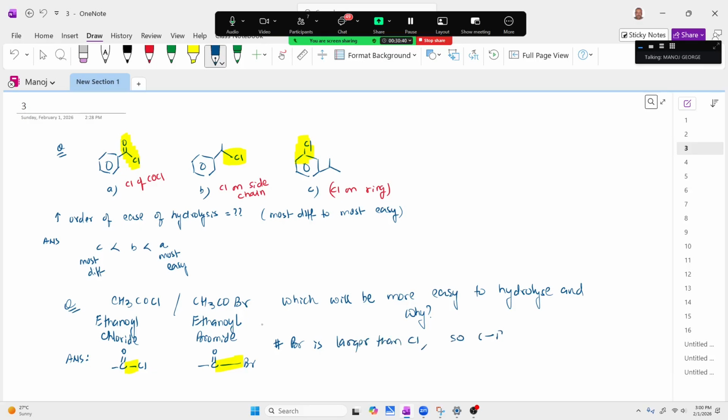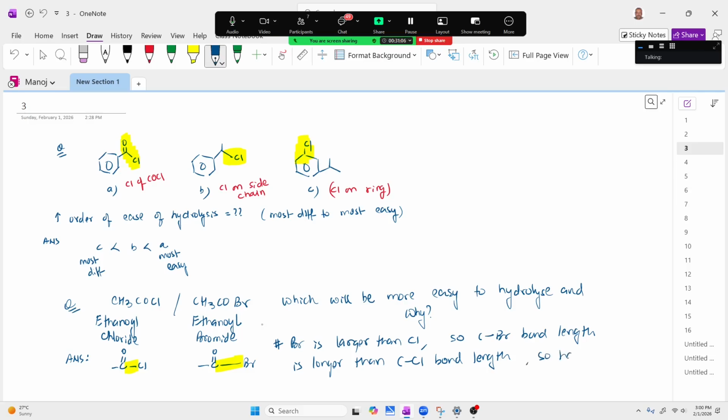So the CBr bond length is longer than the CCl bond length, and you have studied in your IGCSE and AS level that the longer the covalent bond, the weaker it is.